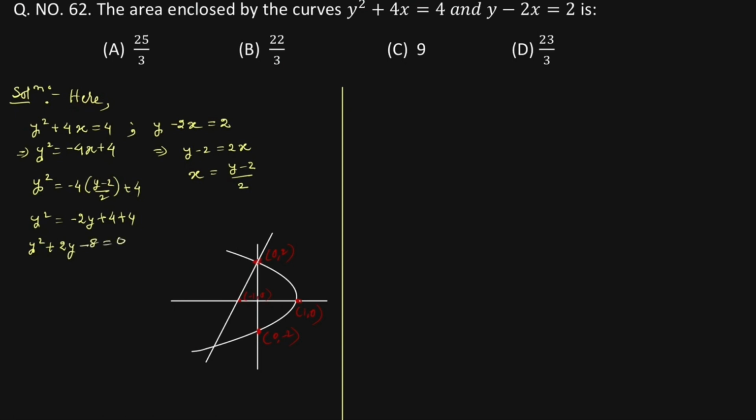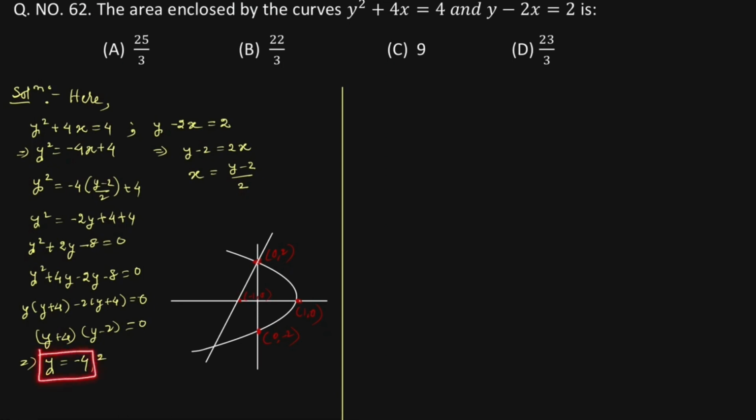If you solve this, then you will get y square plus 4y minus 2y minus 8 equal to 0, that is y(y plus 4) minus 2(y plus 4) equal to 0. So (y plus 4)(y minus 2) equal to 0. That implies y equal to minus 4 and 2.